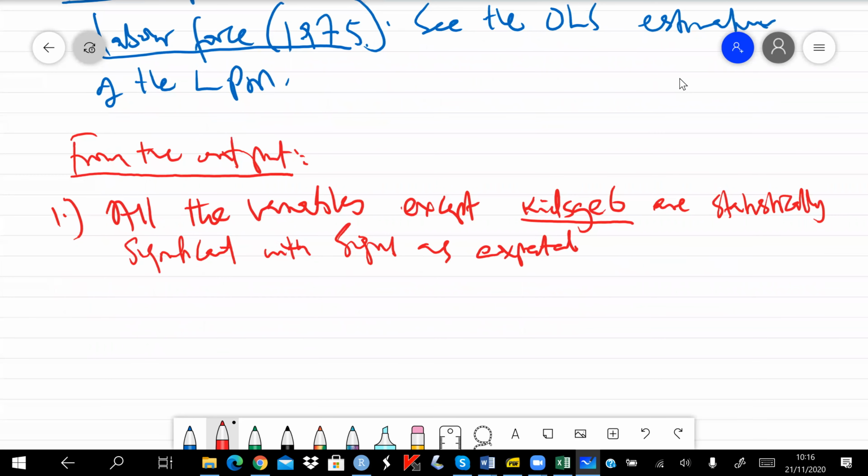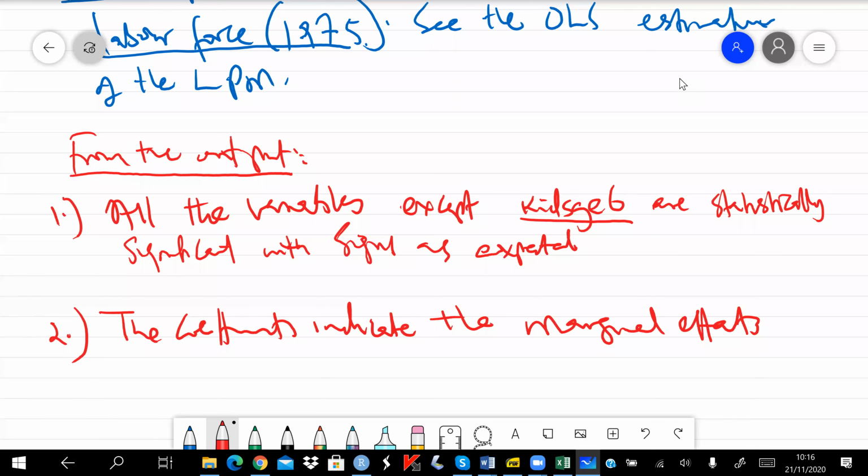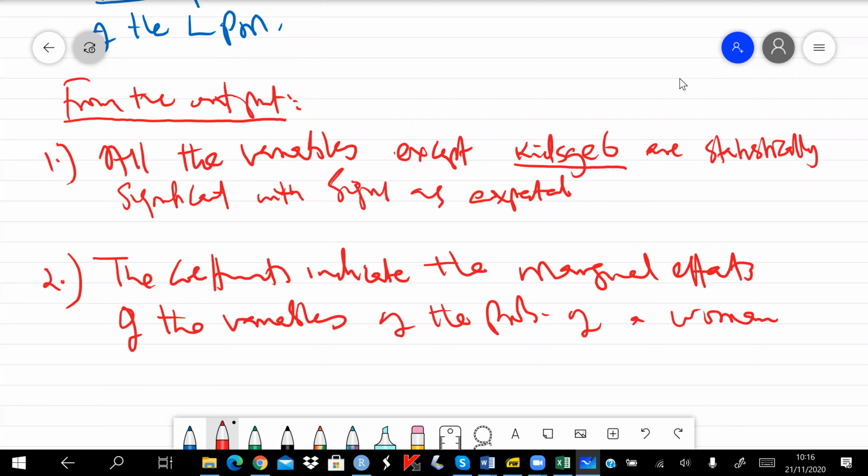Then we can also note that number two, that the coefficients indicate the marginal effects of the variables on the probability of a woman participating in labor force.